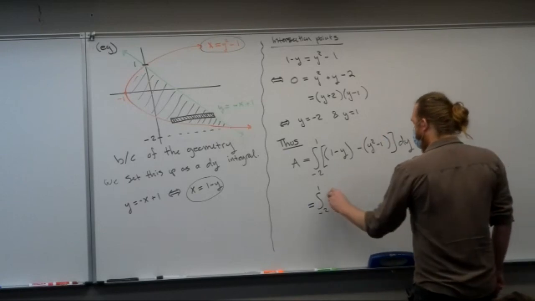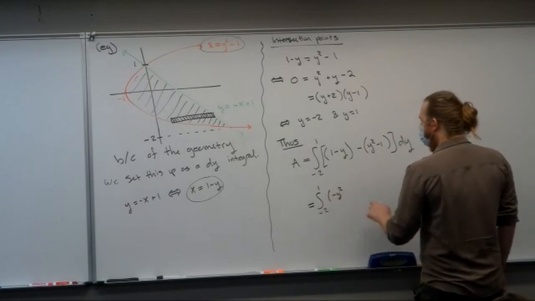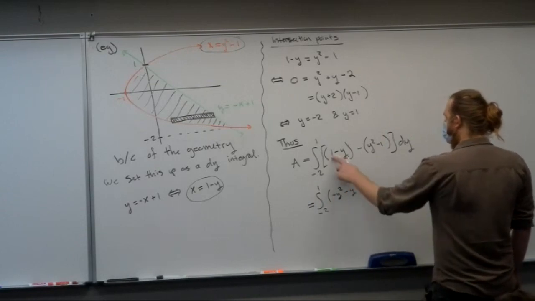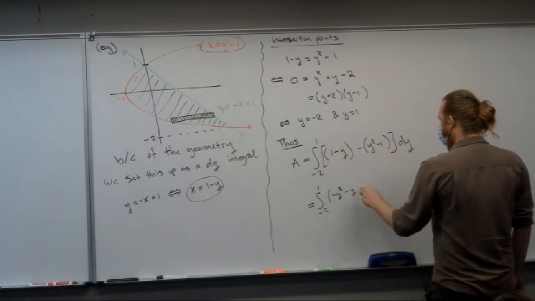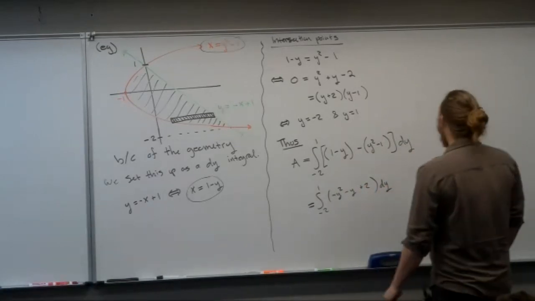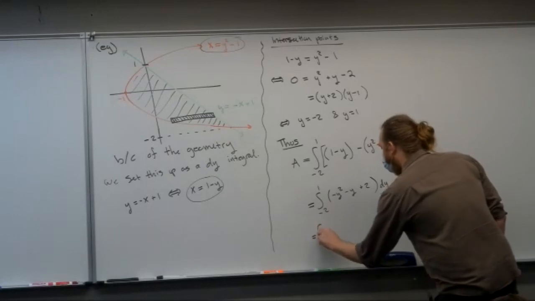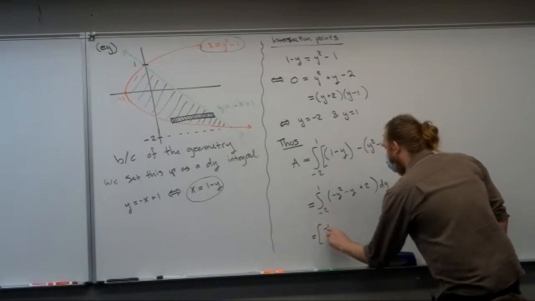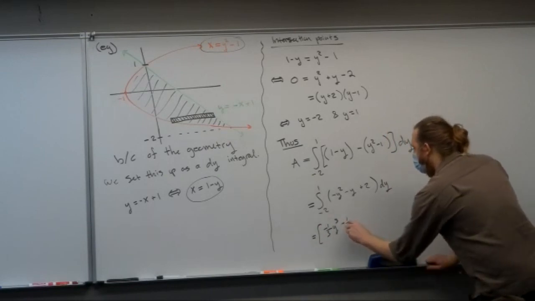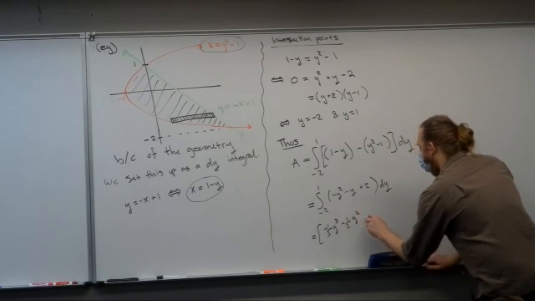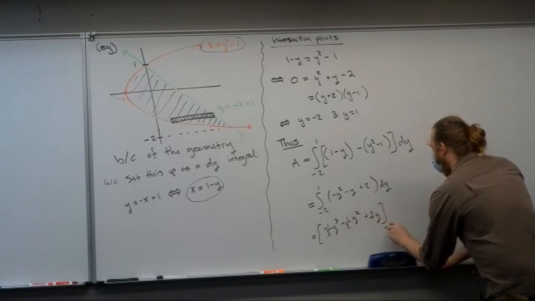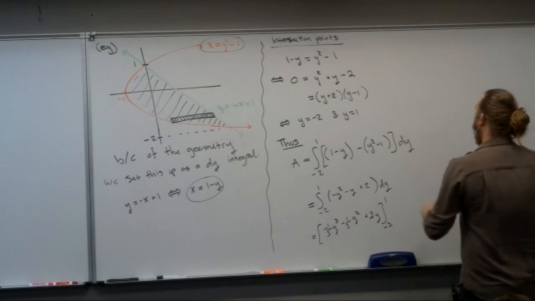I'll have -y squared minus y, and then 1 minus -1 is +2, dy. And the antiderivative for which is -1/3 y cubed minus 1/2 y squared plus 2y. So this is evaluated from -2 up to +1.